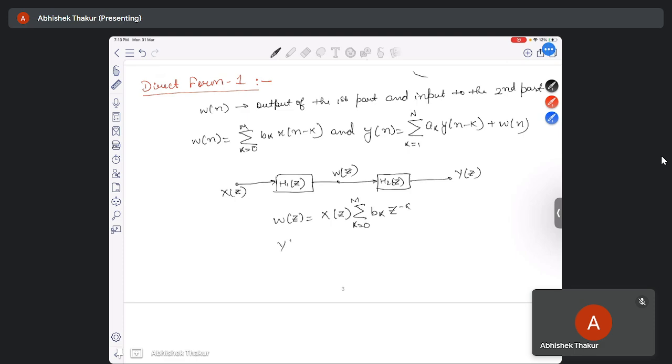And y of z is equal to summation ak z to the power of minus k plus w of z. And this can be also written as w of z divided by 1 minus summation k is equal to 1 to n ak z to the power of minus k.